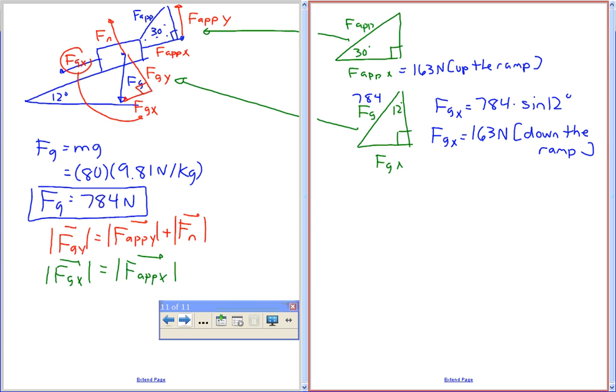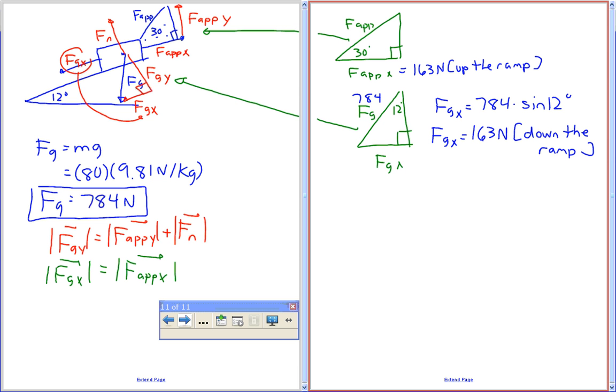Nick, I'm picking on you then. Your hair's magnificent too. How do you solve for F applied here in the top triangle? Because we said, if it's 163 going down this way, it has to be 163 balancing that way, if they have to balance out. So Nick, how do you get F applied on the top there?